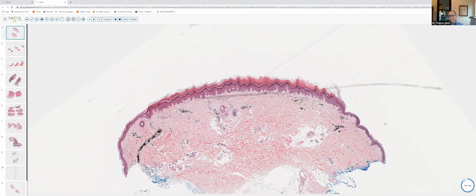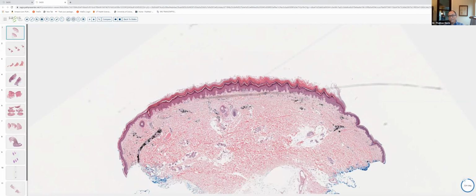Okay, let's go ahead and move on to our next case. Case number 8, I'm going to go ahead and flip it, is a punch biopsy. And in this particular instance, if we try to discern location, we've got stratified squamous epithelium. As we move to higher power, you can see there's parakeratosis.